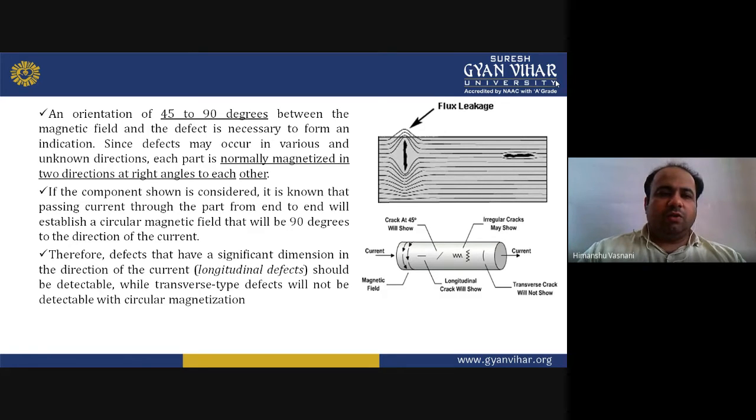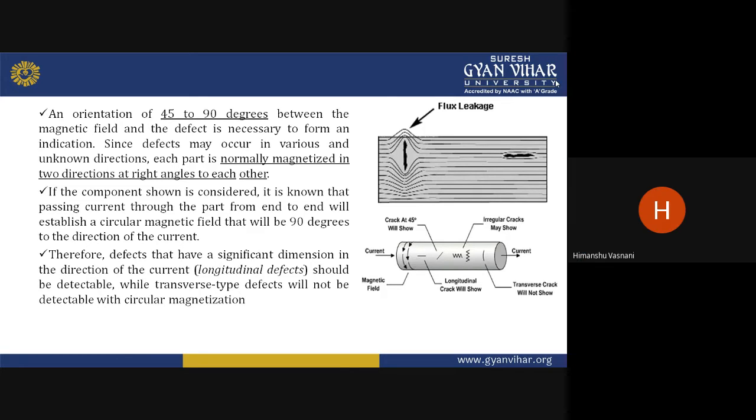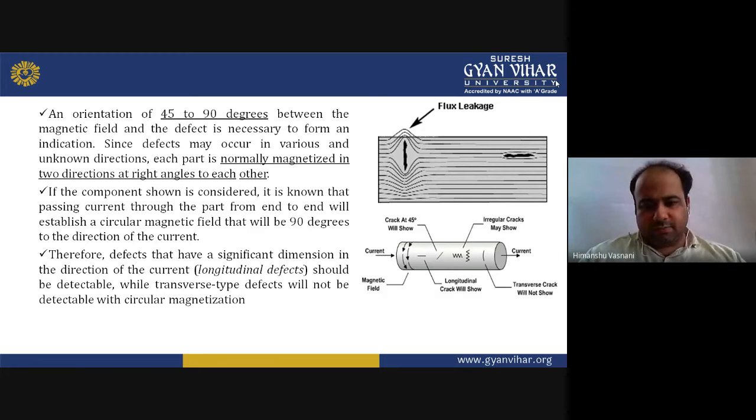Now, therefore, the defects that have significant dimensions in the direction of the current, that is the longitudinal defects, should be detectable, while the transverse type defects will not be detectable with a circular magnetization. Okay, this is how the defect detectability is done, with the help of orientation.